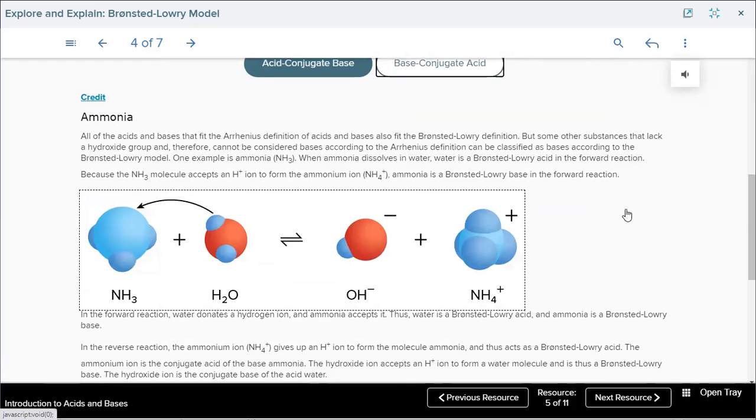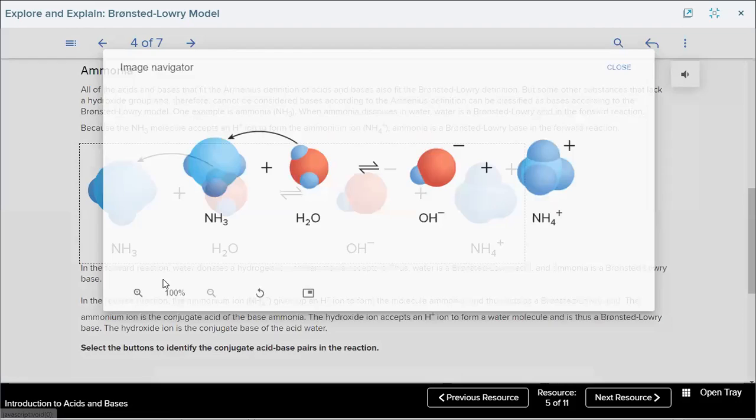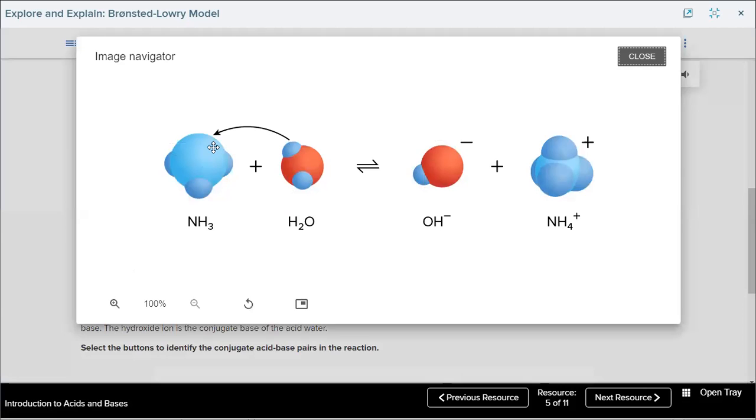What about ammonia, NH3? By the same way, but there is a difference between the action of water in these two equations. When water reacts with HF, was it an acid or a base?